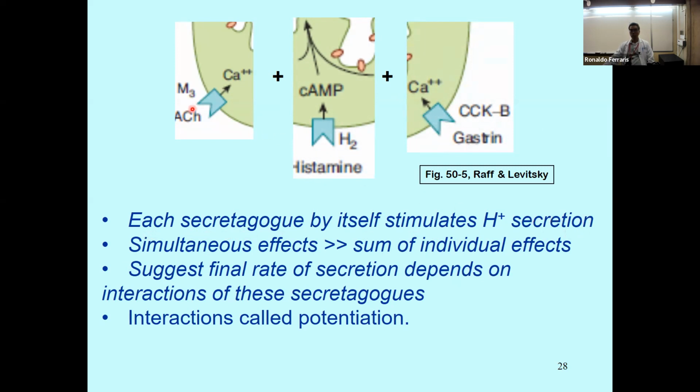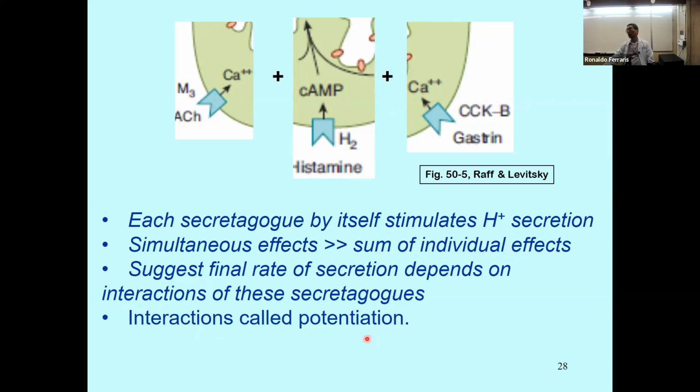However, if you put them together, their simultaneous effect is much greater than the sum of their individual effects, which means that there is enormous interaction among these three factors. And these interactions are called potentiation.